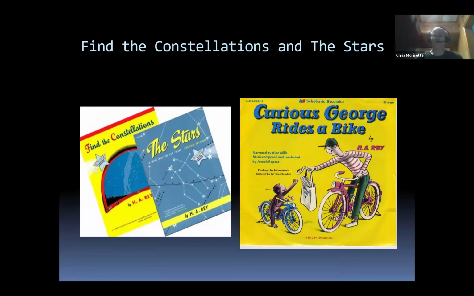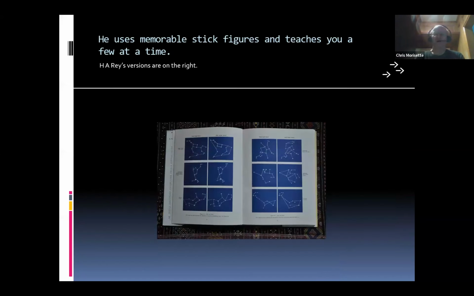In Find the Constellations, he took the traditional connection of the stars that showed that mythical pattern, and he changed how the connection between the stars appeared. And I think the best example of what he did to make things more graspable or usable is down here in the whale constellation.